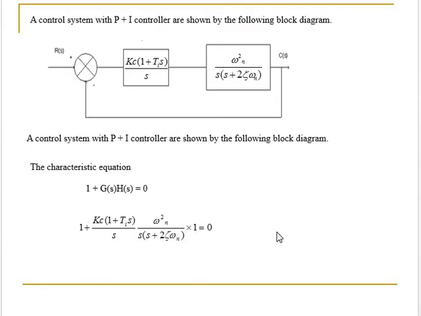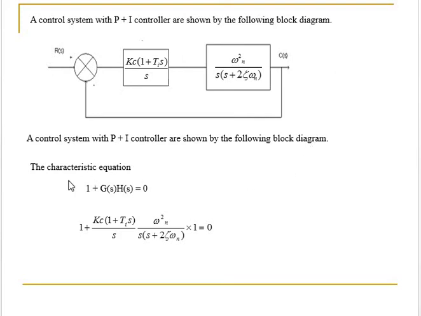There is a control system with a PI controller as shown by the following block diagram. There is the controller, the PI controller, and then there is the system, the model of the system or the transfer function of the system.